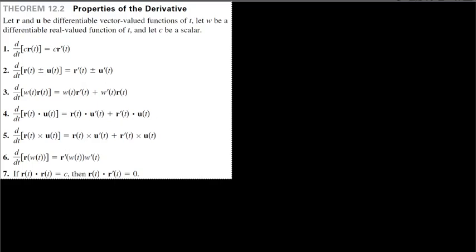So next we want to discuss some of the properties of the derivative of a vector-valued function. We have two vector-valued functions, r and u, and let's suppose they're differentiable, so they're vector-valued functions of t, and w is a real-valued function of t.